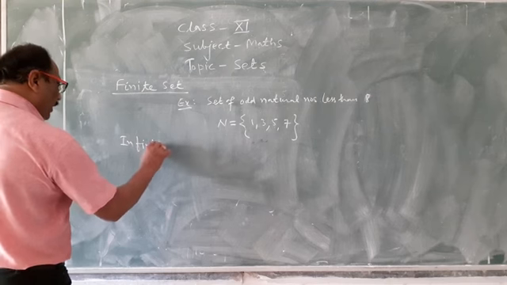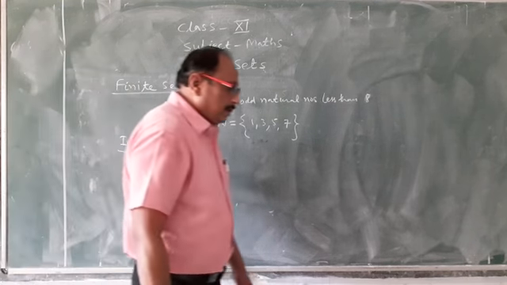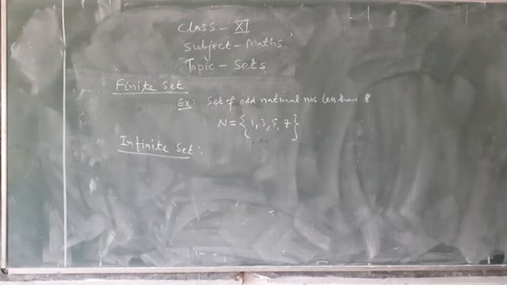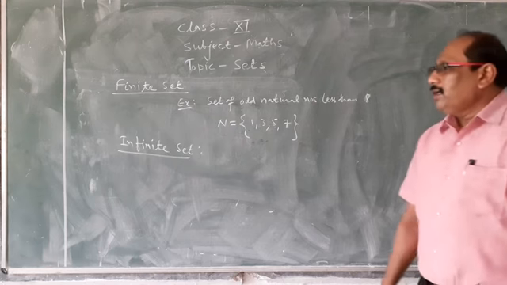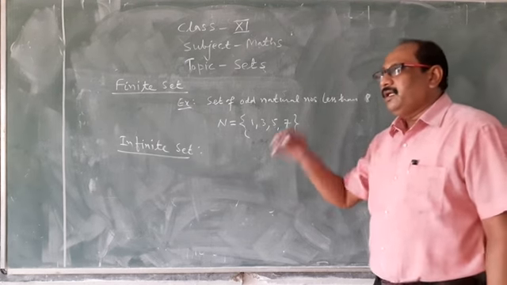Then the second set is infinite set. What do you mean by infinite set? Infinite set means it is obvious that the set which is not finite, we say that it is an infinite set, or the numbers are not countable, numbers are infinite.